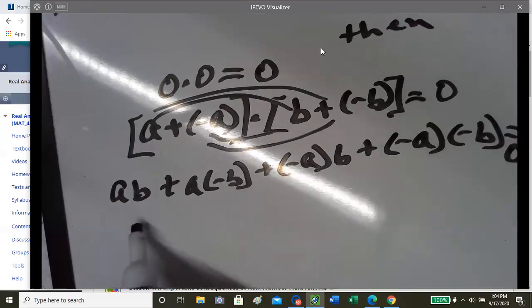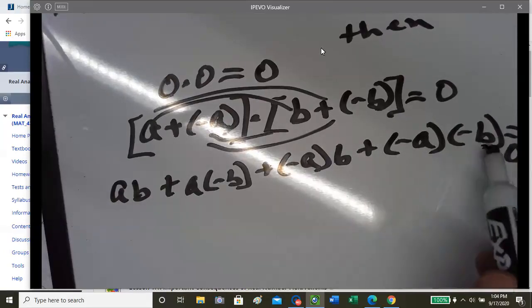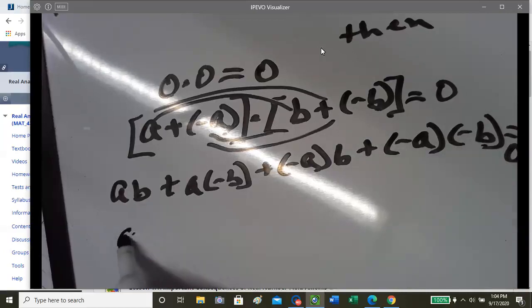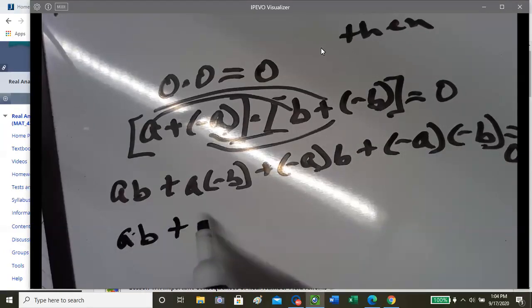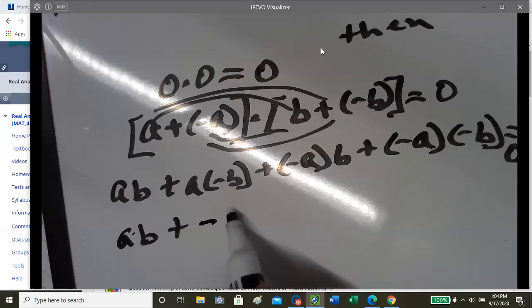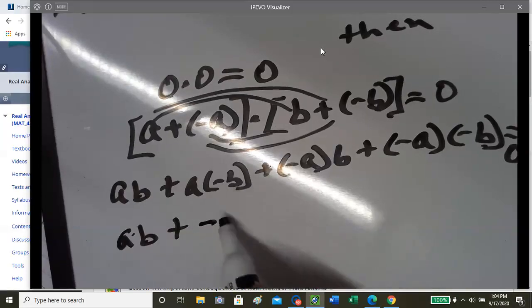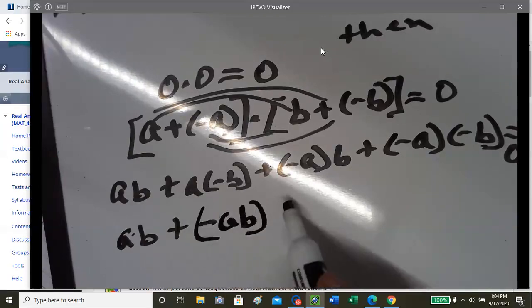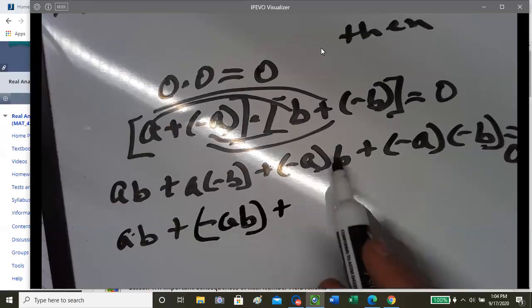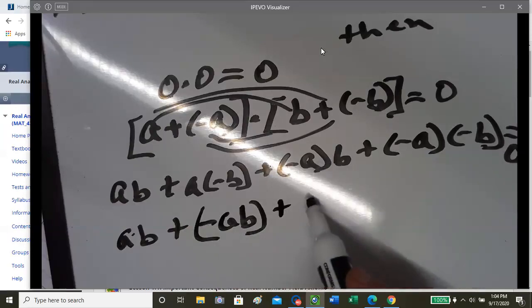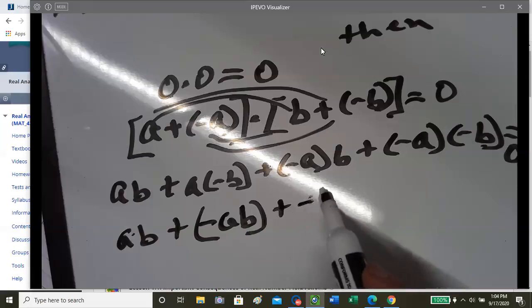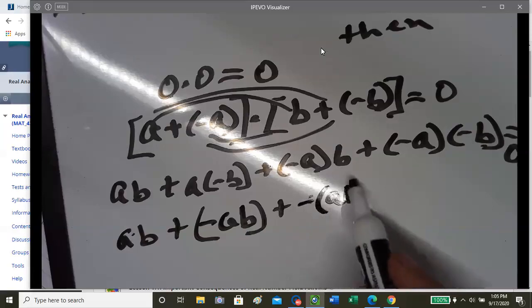So we're saying a times negative b is negative ab. So this would be ab plus a negative ab, we already established that, plus a negative a times b. We already proved that that was a negative ab.